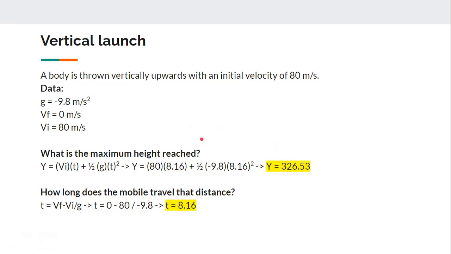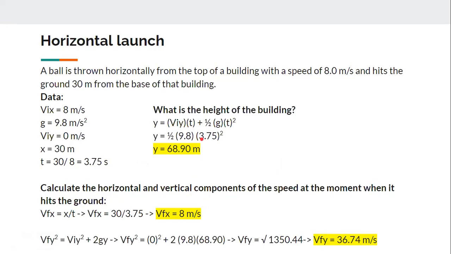And now the next problem will be with the horizontal launch. This one is longer than the others, but it's still kind of easy if you know all the formulas. A ball is thrown horizontally from the top of a building with a speed of 8.0 meters per second, and it hits the ground 30 meters from the base of the building. First, as always, we get the data.